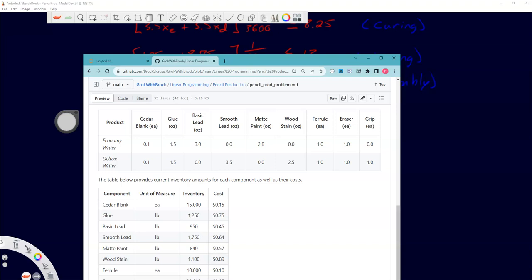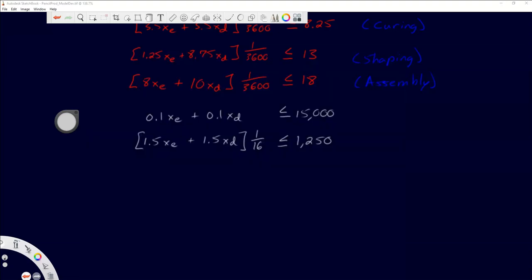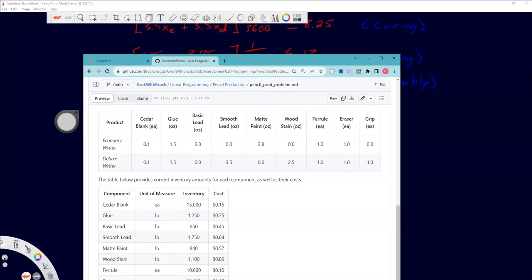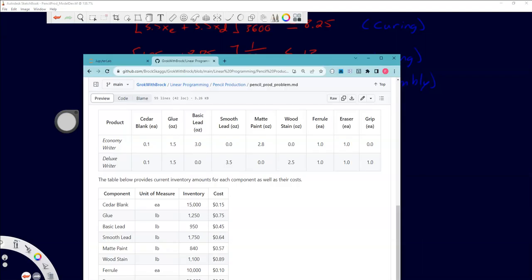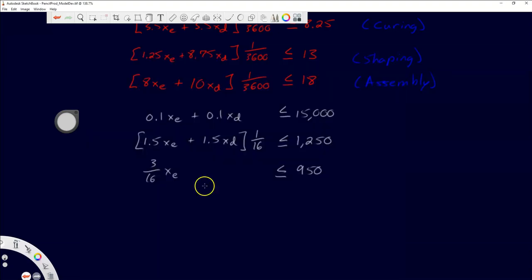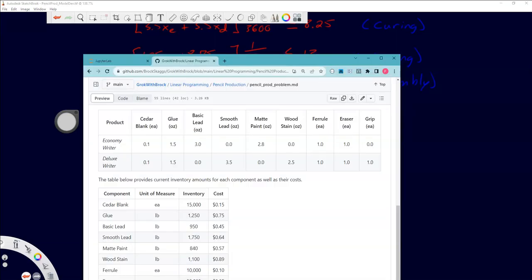It'd be 3/16 times x sub e here. This is for the basic lead, which is 950 pounds. The smooth lead here is 3.5 over 16 to get us to pounds, and we're only in the deluxe writers here. $17.50.